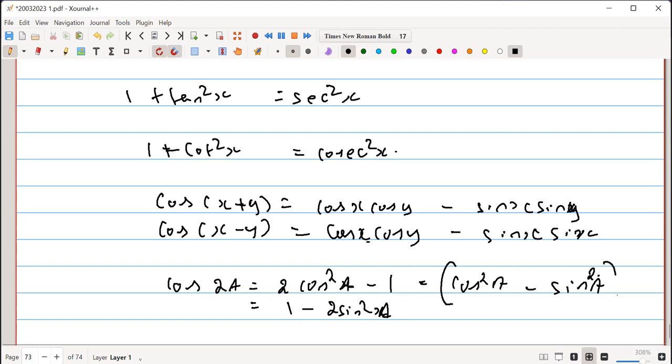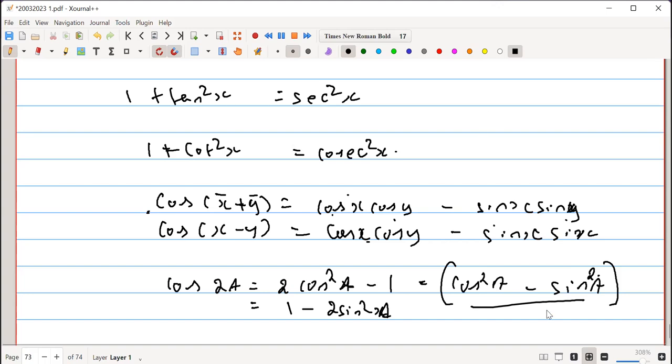Actually, this is the first formula which you will get. How do you get it? If I put x equal to a and y equal to a, cos a cos a is cos squared a, minus sin a sin a, sin squared a. You'll be getting this one.